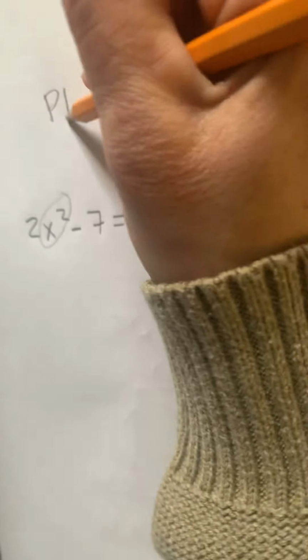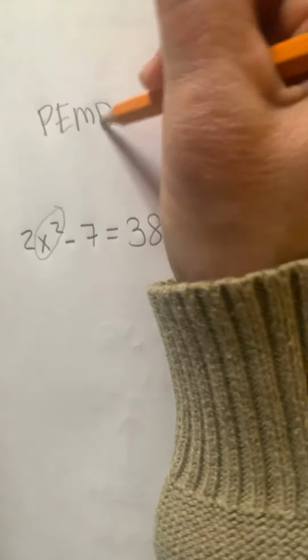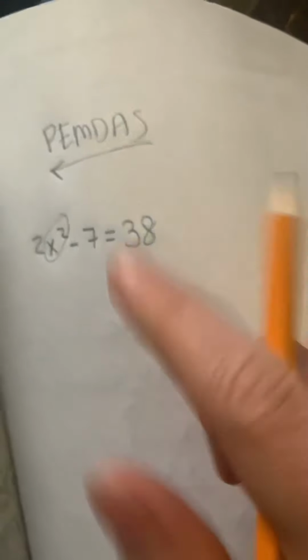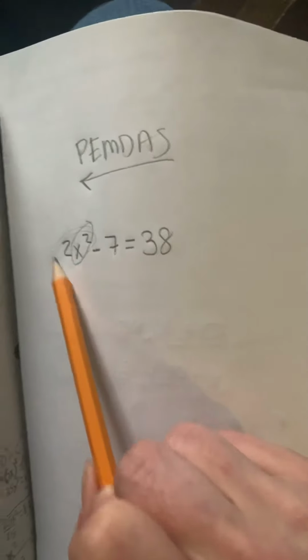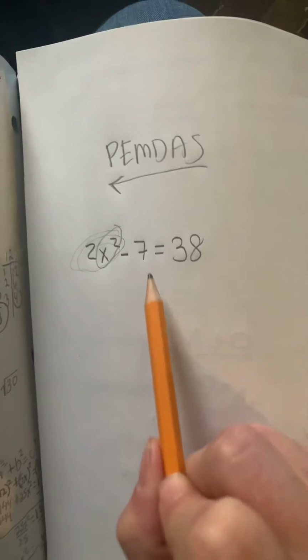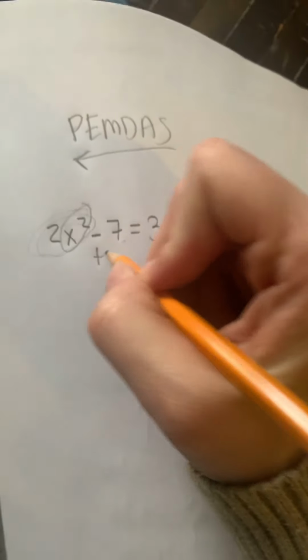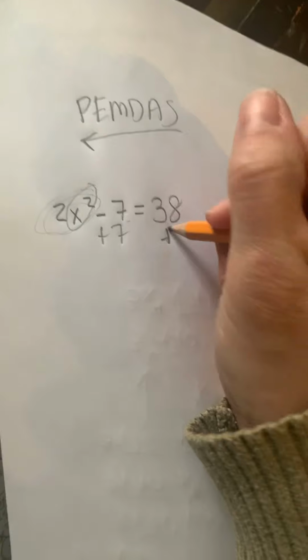And I've seen some kids struggling with solving equations still. Remember, it's kind of like you go backwards through PEMDAS. You don't want to start right here where the x squared is. You want to start over here with the minus 7. So I'm going to add 7 here and add 7 here.